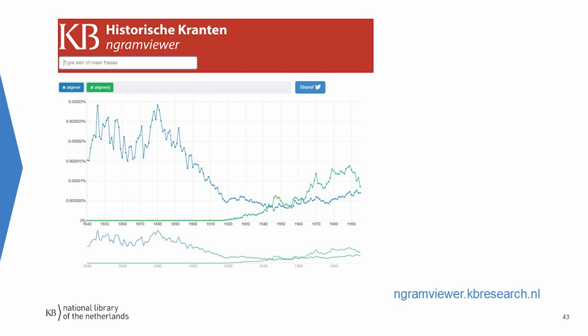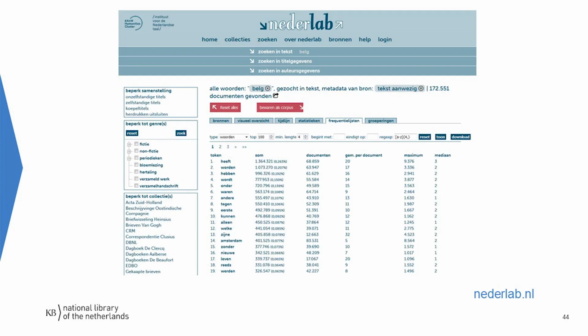Then we have the linguists. Linguists started to parse and part of speech tag and do the whole NLP magic with our collection. So there is now online this Nederlab.nl where quite a few of our collections have been NLP'd. Access is restricted to researchers because of the whole copyright thing.